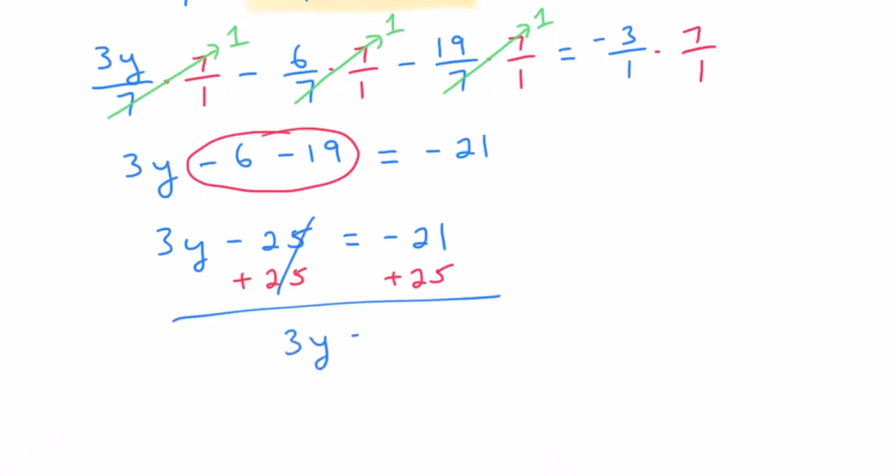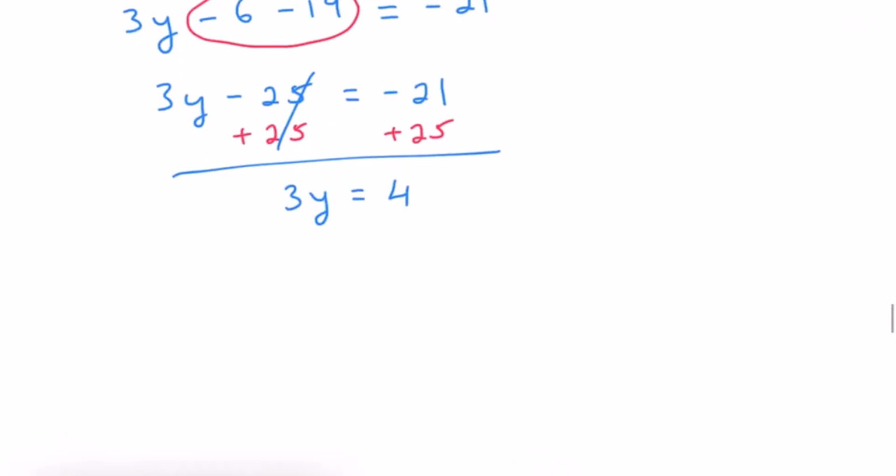And we have 3y is equal to negative 21 plus 25, different signs subtract, so we have 4. To get y by itself, divide out the 3. And we have y is 4 over 3.